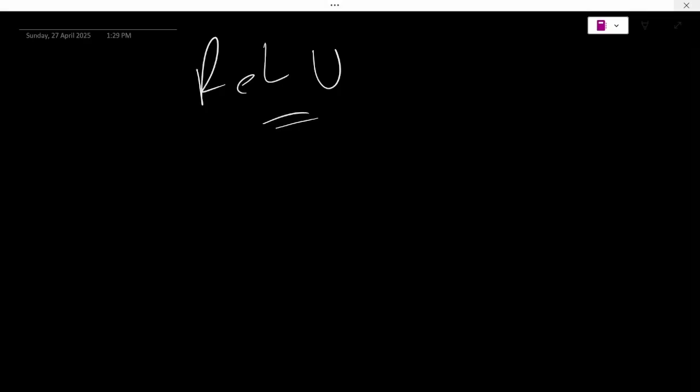ReLU. ReLU is an activation function which cleans the image, or I would say it's a kind of cleaning process. I showed you a portion of the image, something like 2 minus 2 2 minus 2, for example. What the ReLU function does is check if the pixel is positive, it will keep it as is.